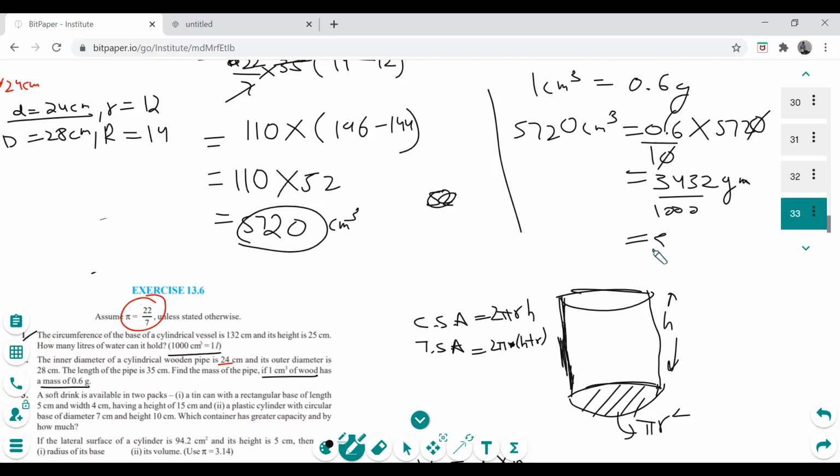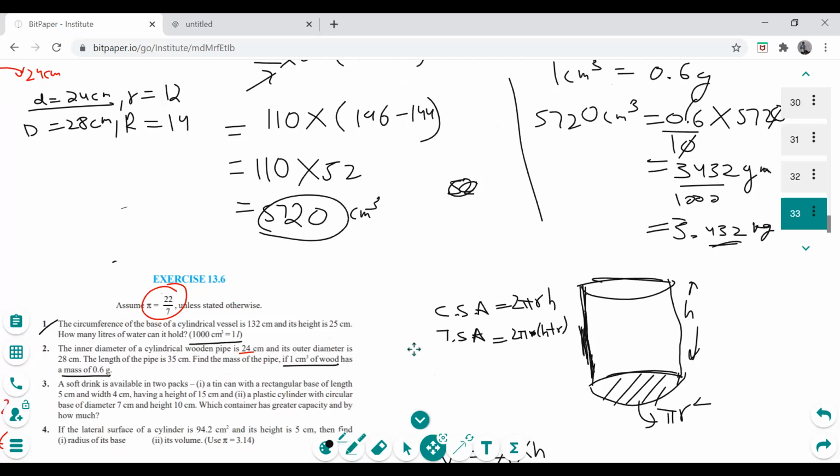You need not do that, but if you want to check your answer, you can. So that's my answer, 3.4 kg.